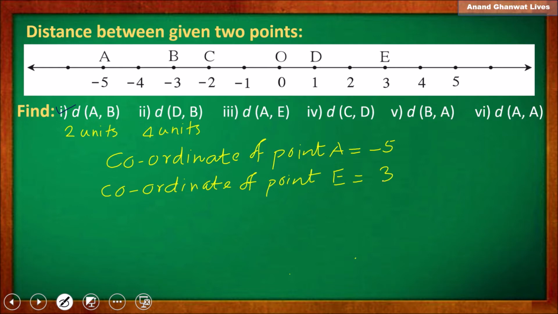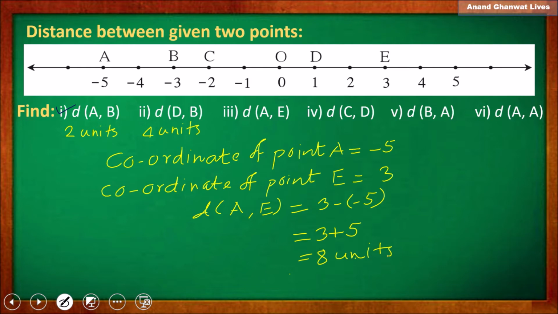Since positive 3 is greater than negative 5, distance between point A comma E is equal to greater coordinate minus smaller coordinate, means 3 minus negative 5, that is 3 plus 5, and it is equal to 8 units. The distance between point A comma E is 8 units.